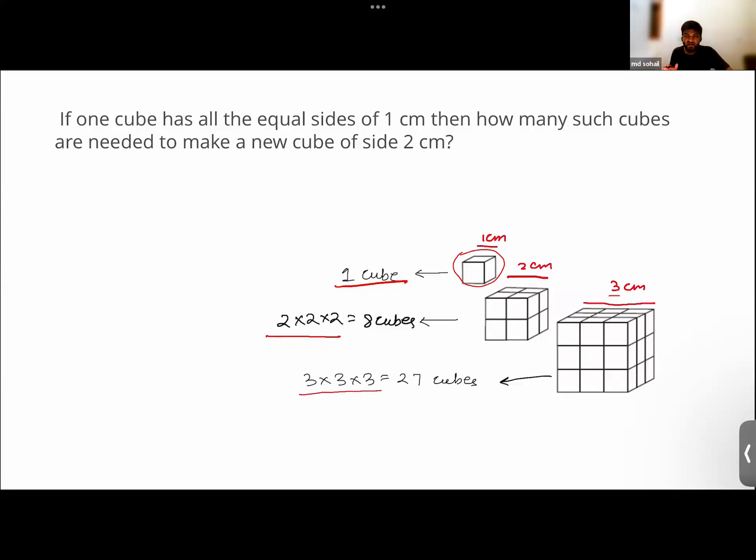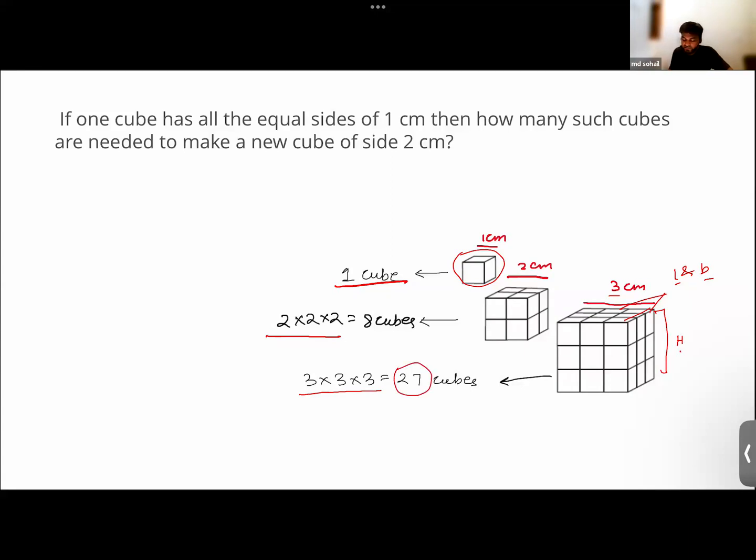Because on each side we are placing 3 cubes. Now, this is the height of the cube, and this is the length, and these are the length and breadth. So whether on length, breadth, or height, you have to place 3 cubes on each of the sides, right? So in total, you will require 27 cubes.